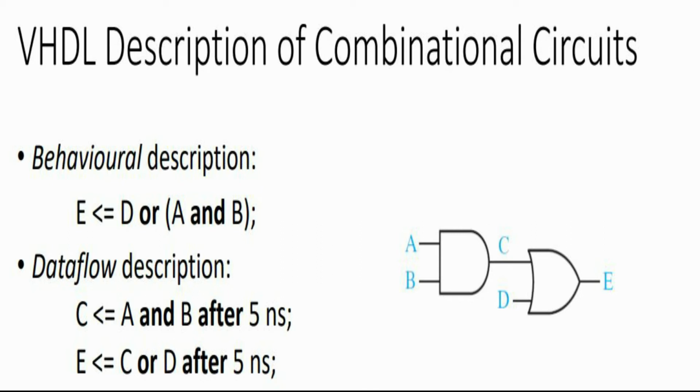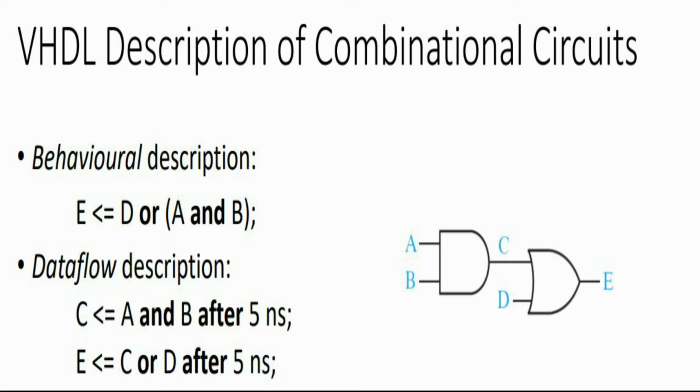which acts as another input to the OR gate. In a data flow description, we have C less than or equal to A and B after 5 nanoseconds. So there is a delay which has been added in this particular data flow description. And then we have the next statement, E less than or equal to C or D after 5 nanoseconds delay.